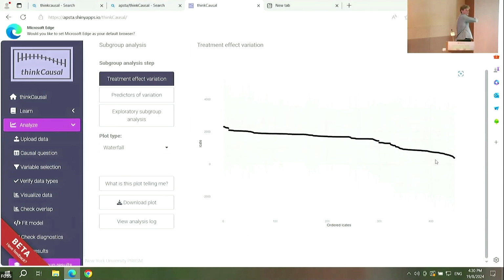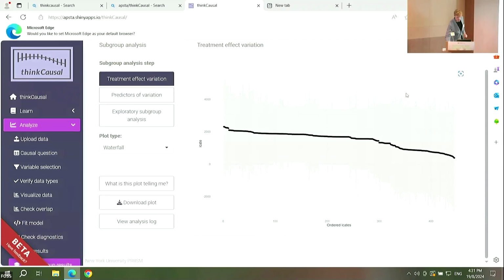If this line was exactly flat, it would mean there's no treatment effect heterogeneity. The more jagged and curved this line is, the more treatment effect heterogeneity there is. Now, I don't know what is predicting this heterogeneity. I don't know which variable is driving these differences.